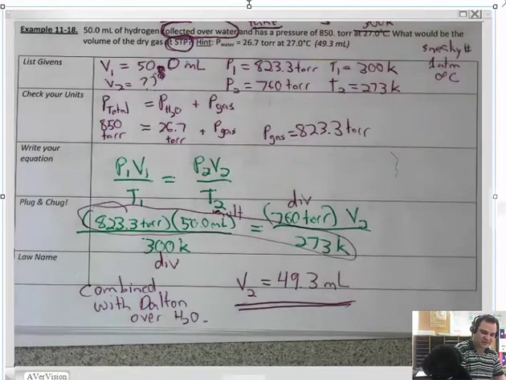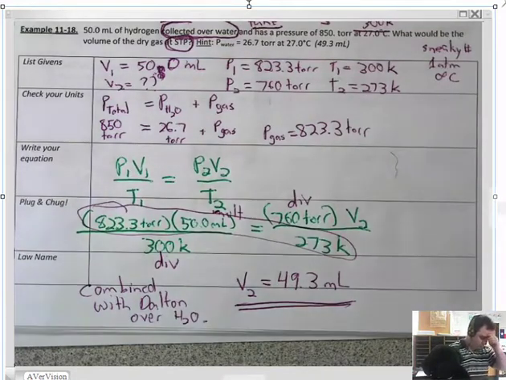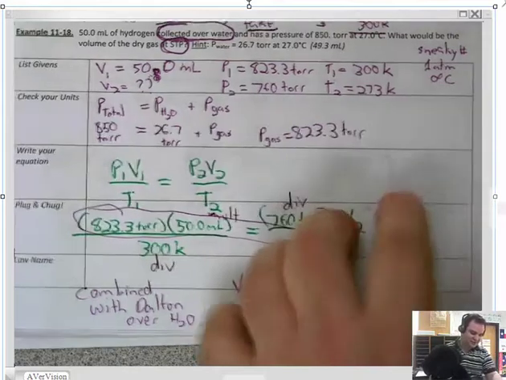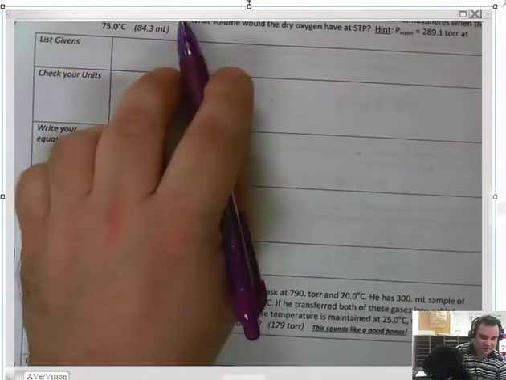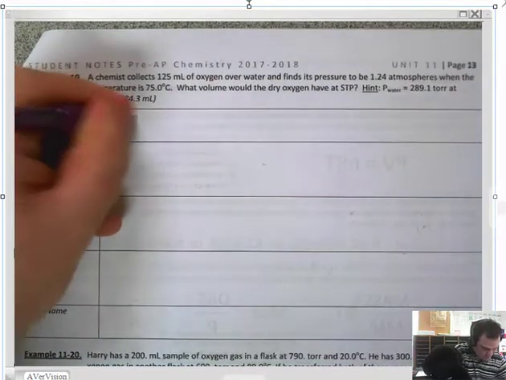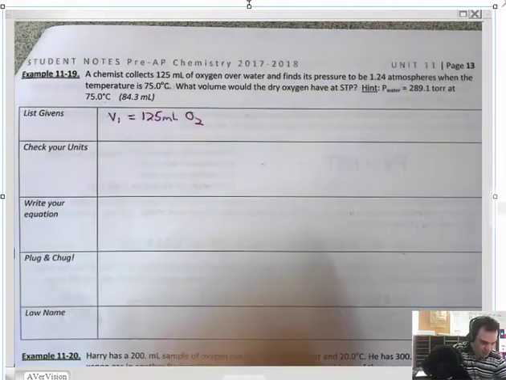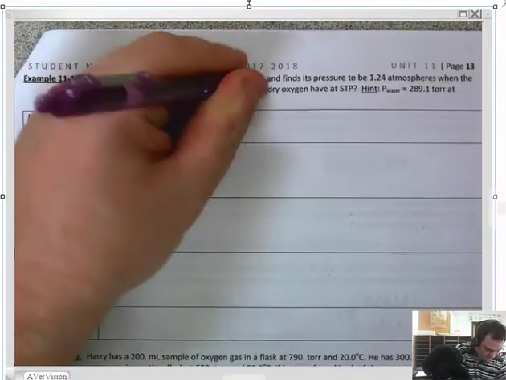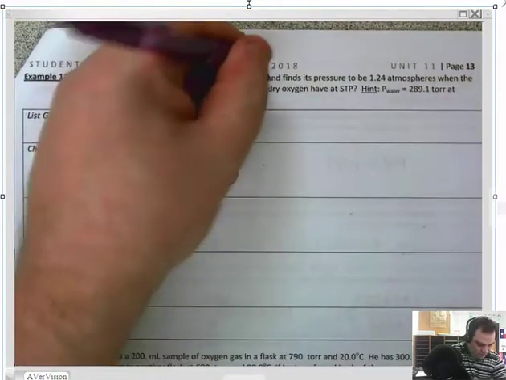Give you a second to look at that since I didn't show that on the screen for you. And I'll flip over to my next problem. Okay, page 13. A chemist collects 125 milliliters of oxygen gas. V1 is 125 milliliters of oxygen gas over water, and finds its pressure to be 1.24 atmospheres.